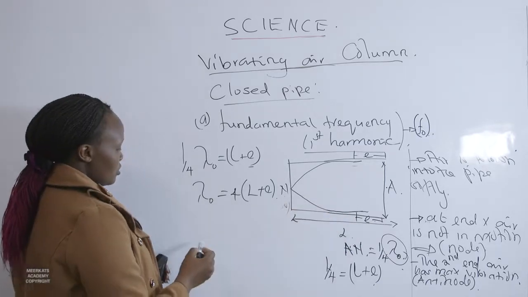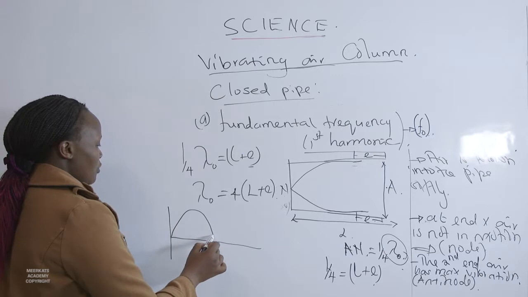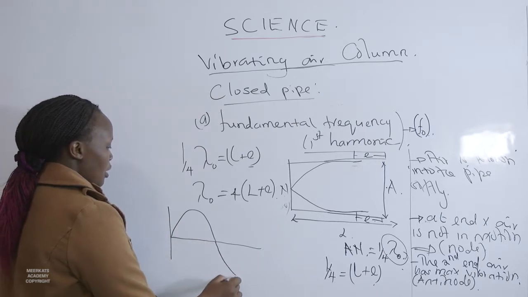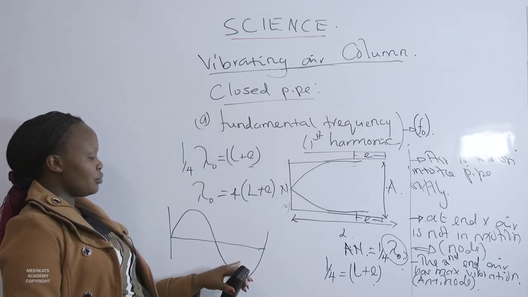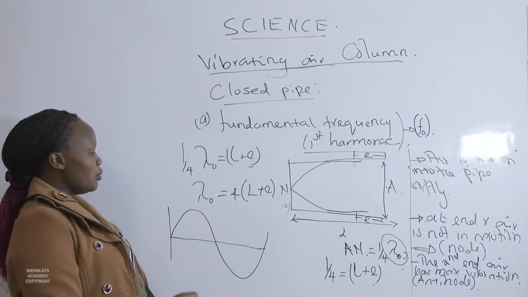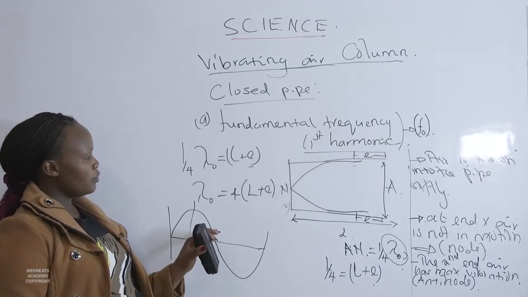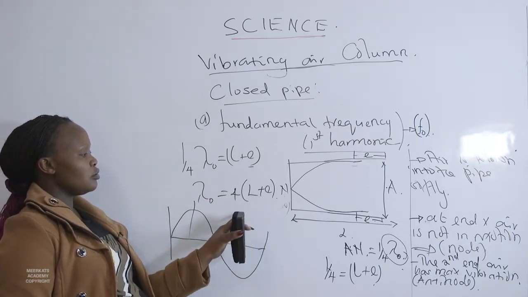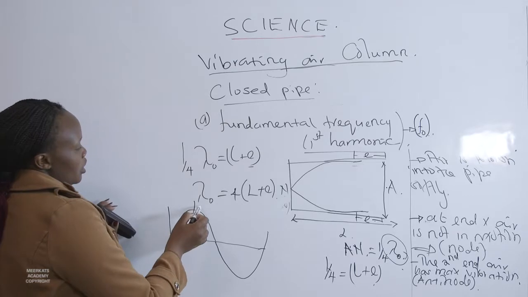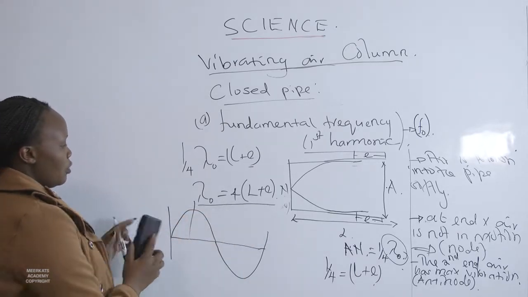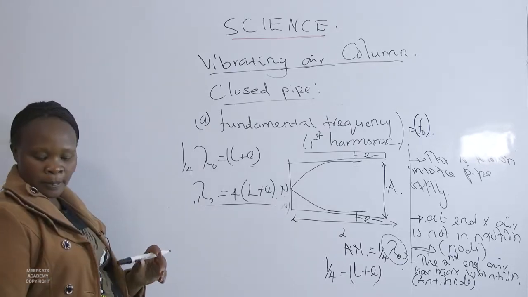We said that for a transverse wave to be complete, you need to have a complete crest and a complete trough. That way you will have a full wavelength. But for us here, we just have a quarter. Therefore, we are taking the whole of that length to represent a quarter of our wavelength, from which we have found the expression of our wavelength to be 4(L plus E).